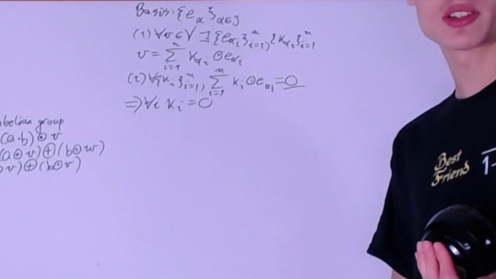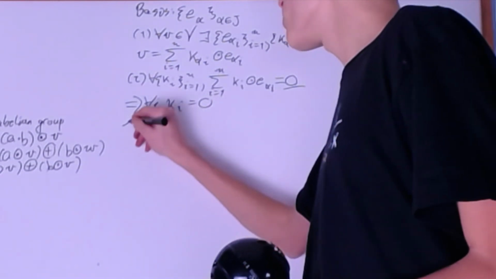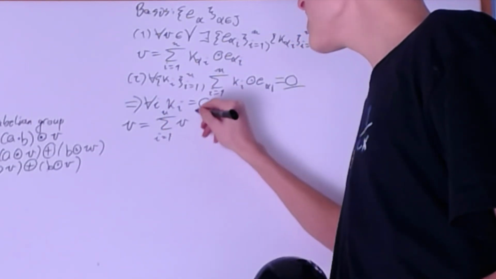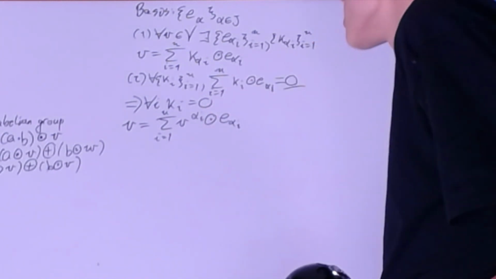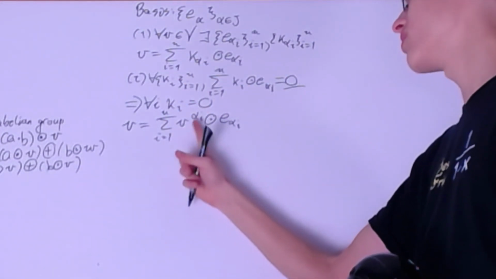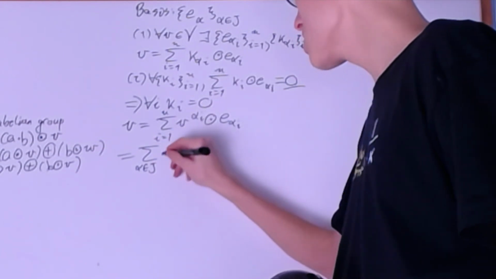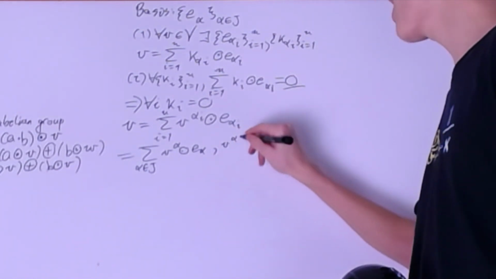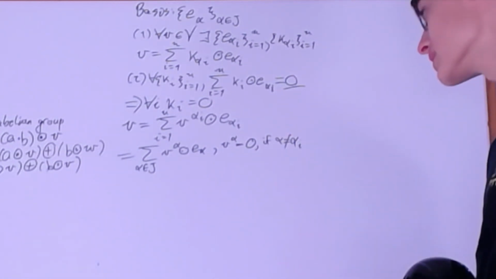Now, using this first requirement for a basis, what we can write is any vector v as the summation from I equals 1 to n of v alpha I scalar multiply a basis element E alpha I. This is just straight from the first condition, except we gave the components a name, v alpha I. You could also write this as the summation over alpha in J of v alpha scalar multiply E alpha, where v alpha is equal to 0 if alpha is not one of those alpha i's.